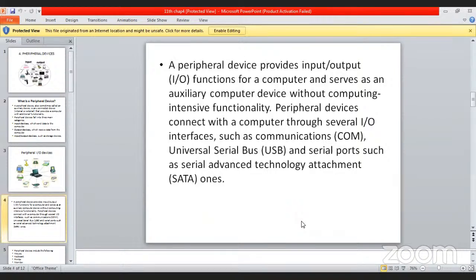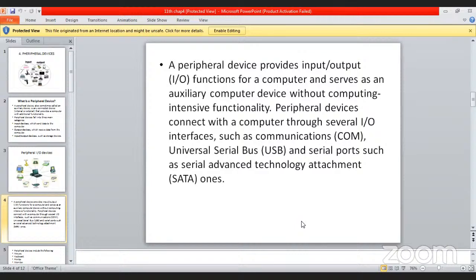Next we can see, a peripheral device provides input-output functions for a computer and serves as an auxiliary computer device, without computing-intensive functionality.